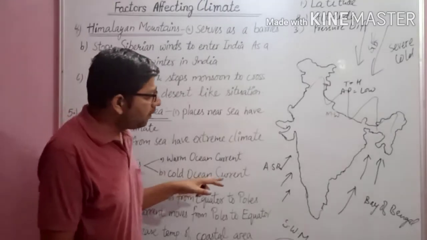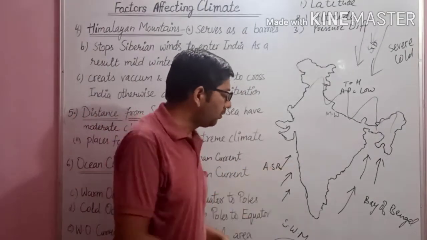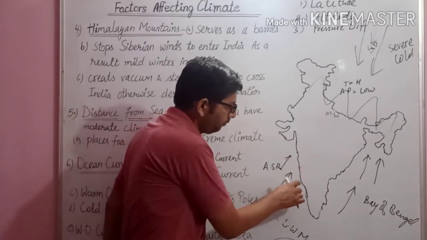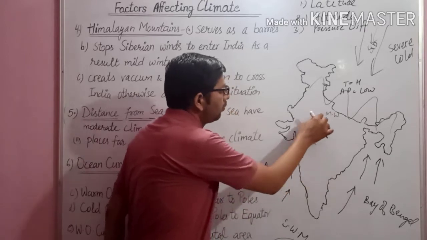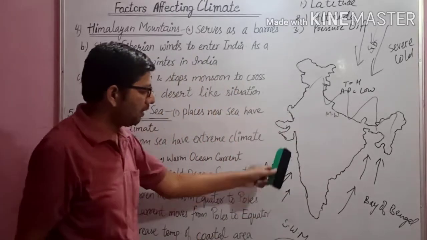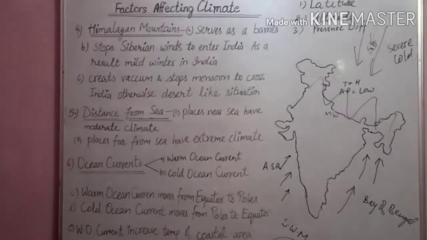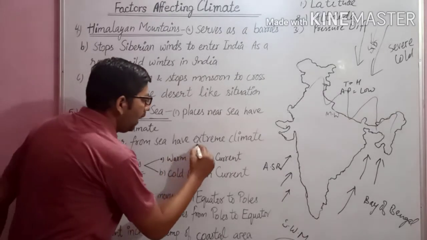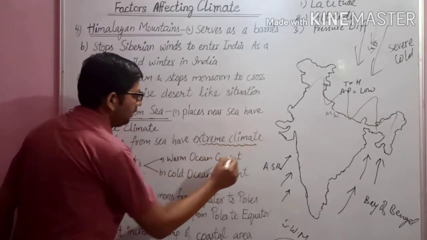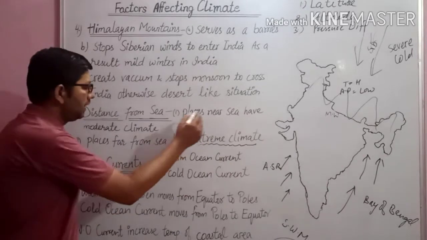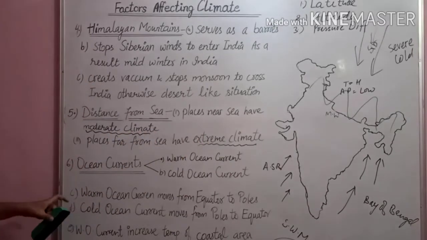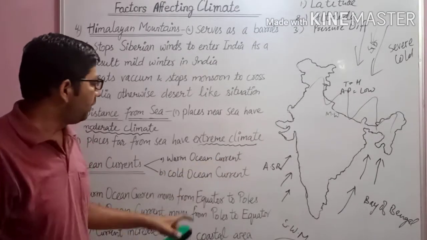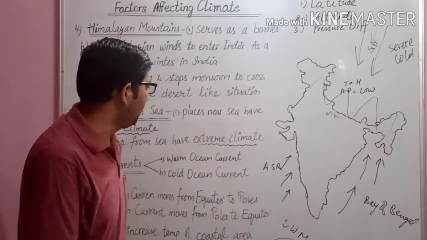And as well, when we start going far away from this coastal area to the interior part of India, we reach here which is far away from the sea, and we find an extreme kind of climate. So places near the sea have the moderate kind of climate, and the places which are far from the sea will face the extreme climate.